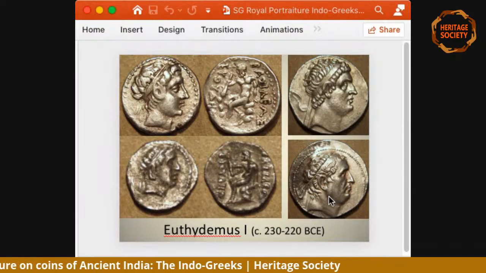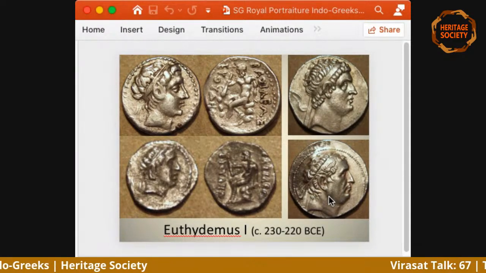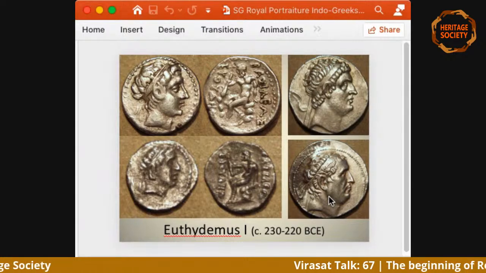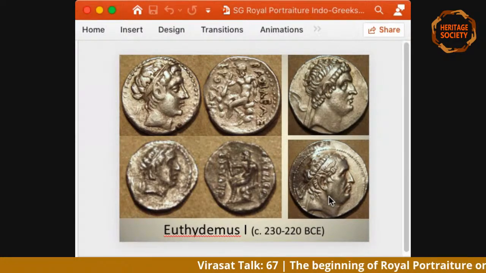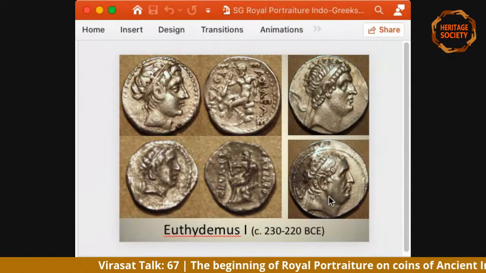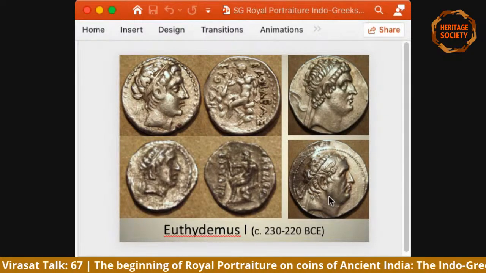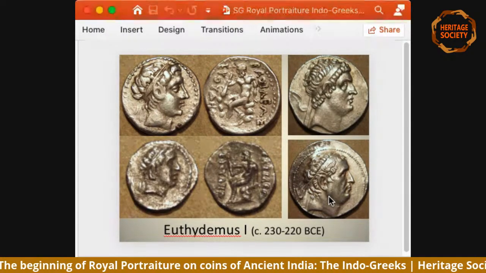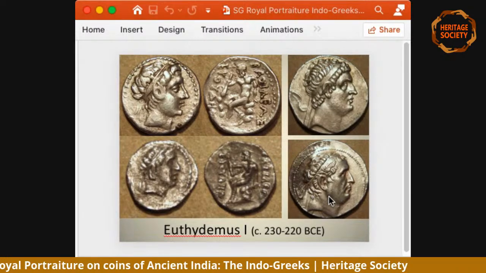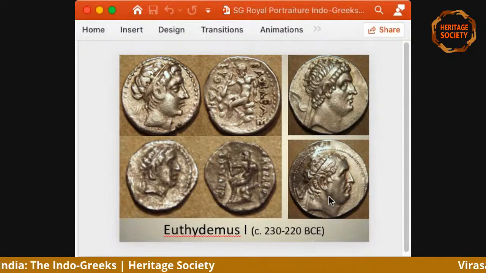And even if they are found, this is one of the complaints which numismatists always have with archaeologists, that there's no correct recording of the coins, even if they are found in a stratified layer. For example, seldom are the associated finds recorded in the excavation reports and so on and so forth.